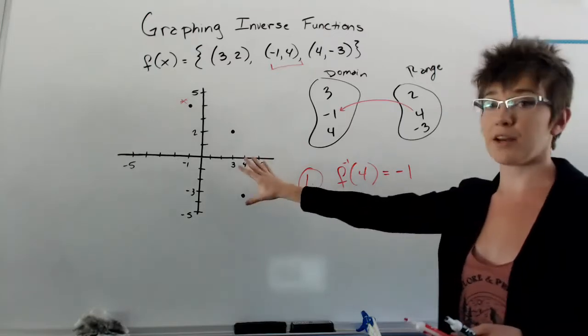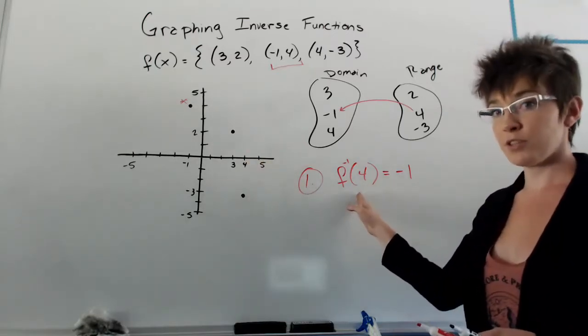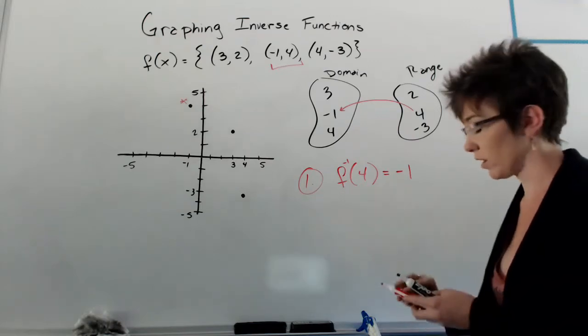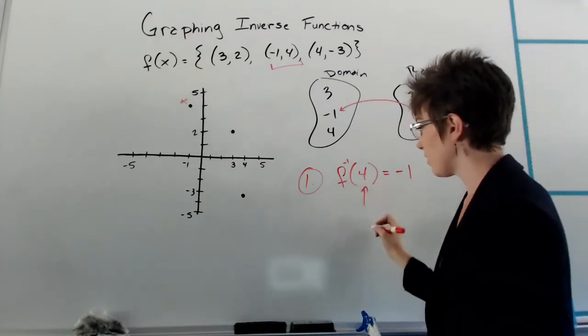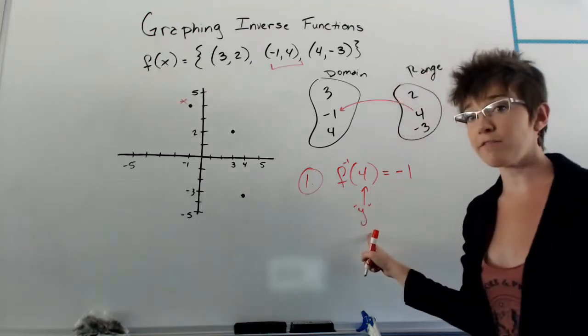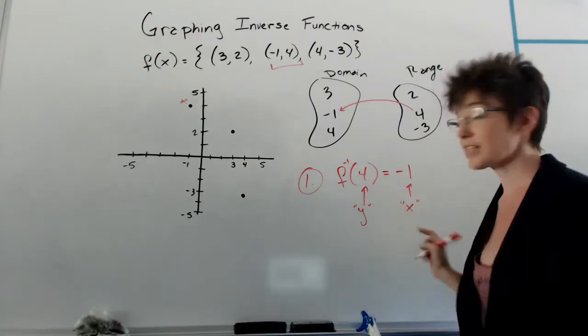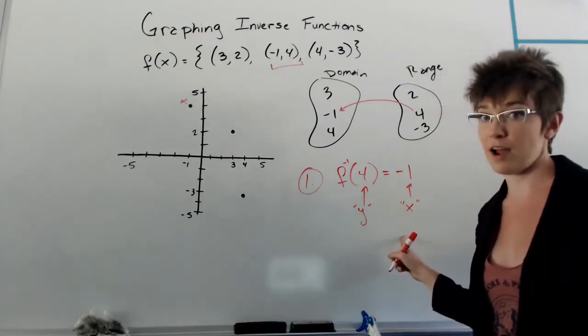So think of it this way. When I'm looking at a graph, if I see an input to an inverse function like this, so 4, I want to think about this as the y value on my graph, and I'm asking you what is the x value on this graph.